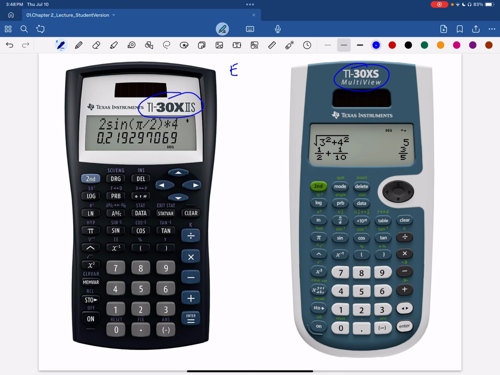I always recommend to my students: what you see on the paper, put it in the calculator as is. What do I mean by that?